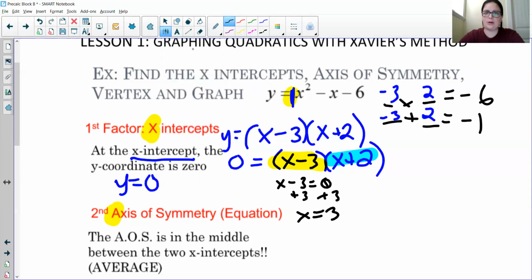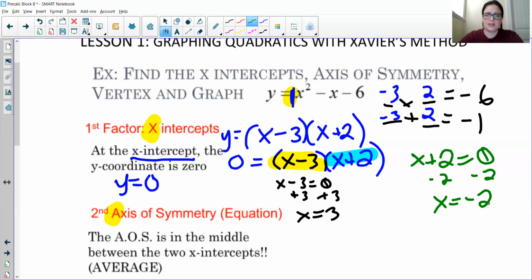Okay. The other one is if x plus 2 equals 0. So you're going to subtract 2 from both sides. We're going to use a little one-step algebra here, and x can also equal -2. So if x equals -2, the first bracket is going to equal -5, but the second bracket is going to equal -2 plus 2, which is 0.